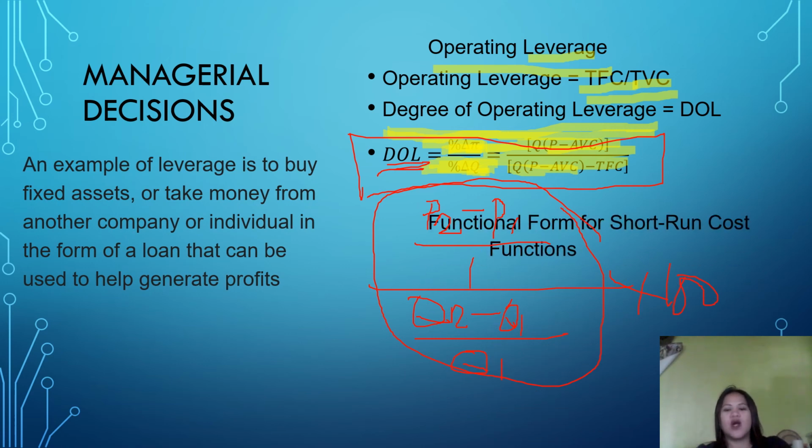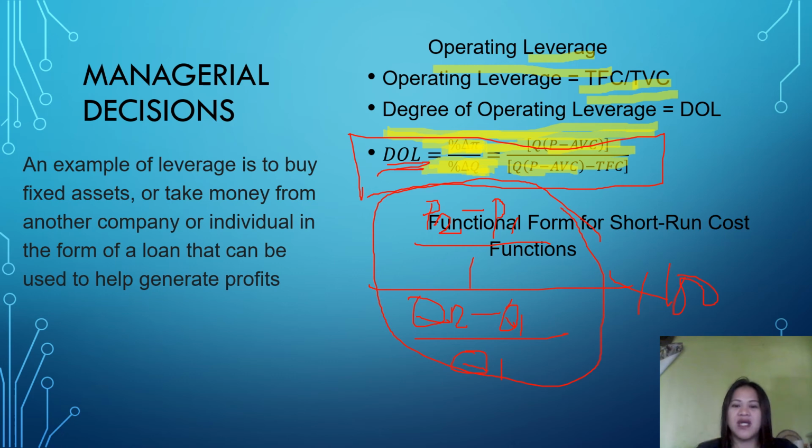Now, in terms of the degree of operating leverage, if it would be at 10%, that means the capital that you borrowed can only give you a portion of 10% of it. So if you borrowed 1 million to increase further your production or to expand your business, and your degree of operating leverage is 10%, out of the income na earn ng 1 million na yon, 10% lang ang pumupunta sa iyo na pwede mong gamitin for further investment.